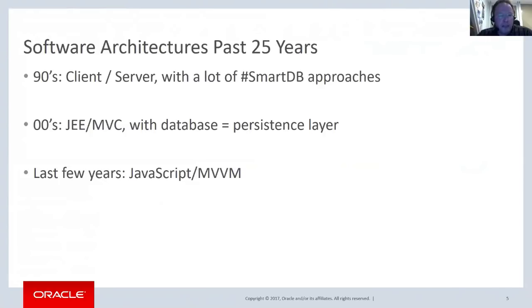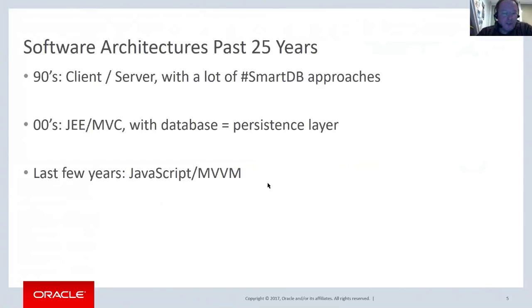Then in the new millennium, we've seen the dawn of Java Enterprise Edition and the ubiquitous model-view-controller approach, where all the data logic, the business logic, is implemented in a middle tier, in an application server that also has a web server that services a browser, a very thin client, thin in the sense that there's no logic anymore in the client side. And the database was just the persistence layer.